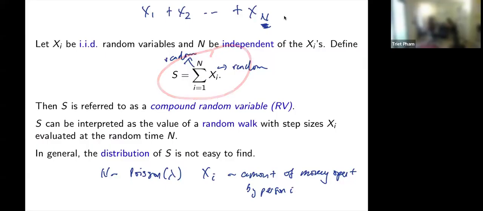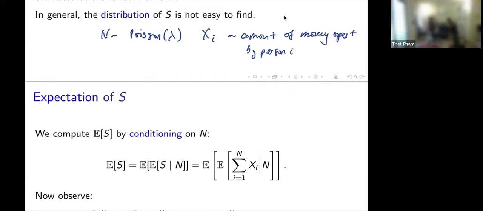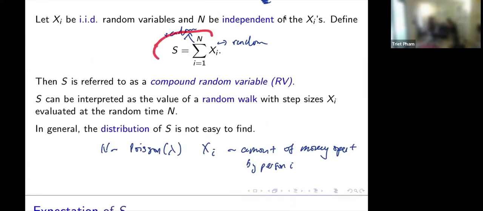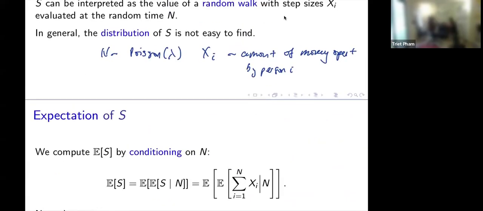Now, the story is that we're focusing on finding the expectation and the variance of the compound random variable. And hopefully it's obvious that we want to condition on the upper bound. Why?